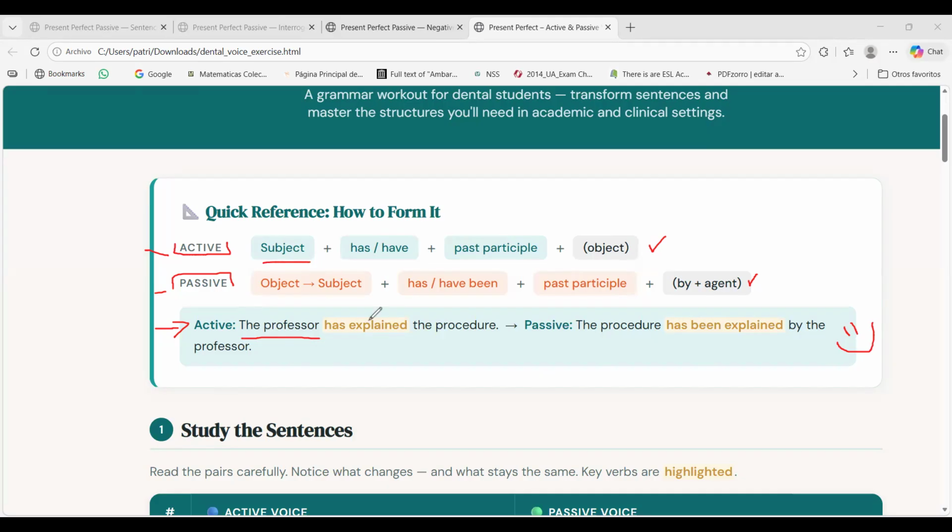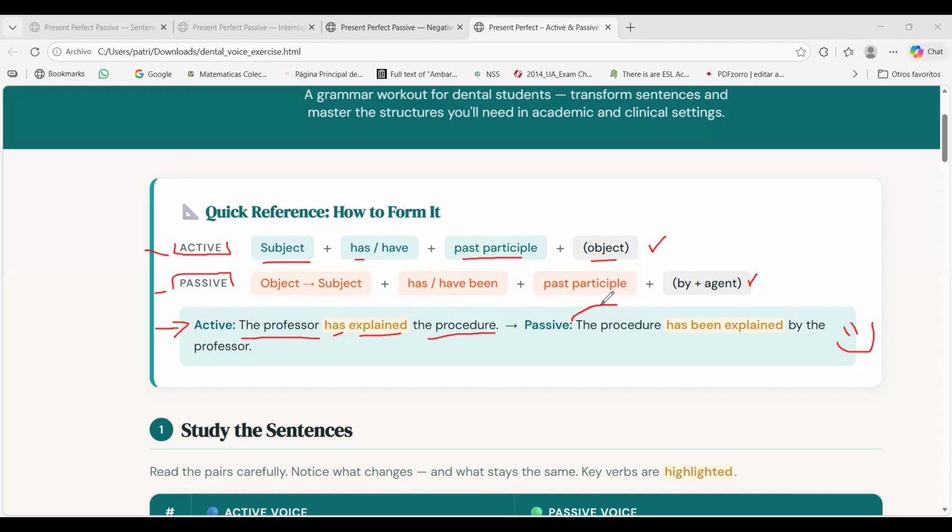Then, professor has, action, explain, and the object, the procedure. So we modify the emphasis, not the professor, the procedure.